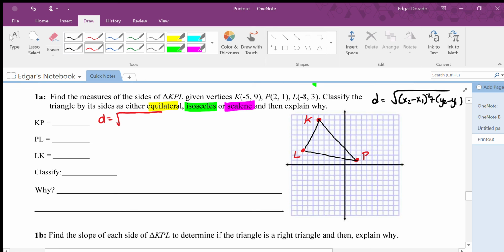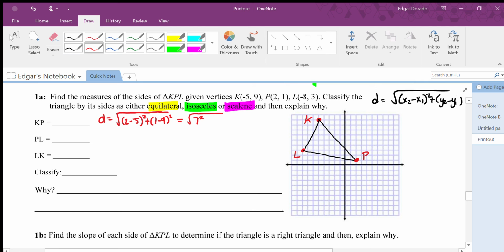Alright, so what do we have? We have 2 minus negative 5 squared plus 1 minus 9 squared. Alright, 2 minus a negative 5, that's really a 7.